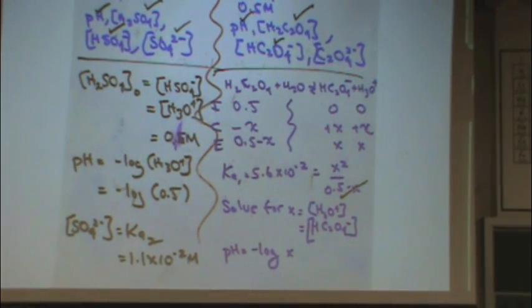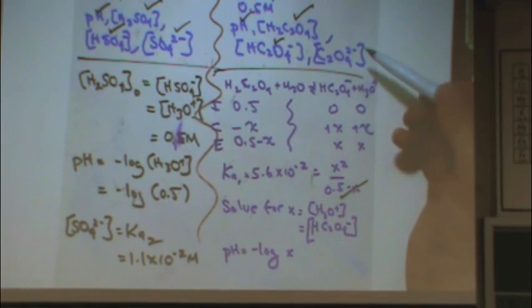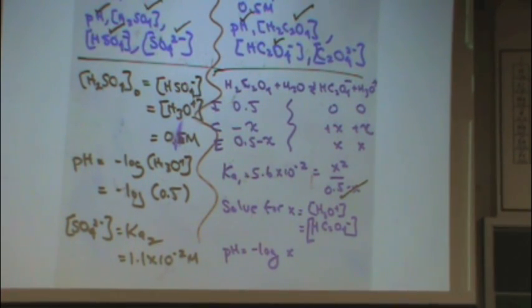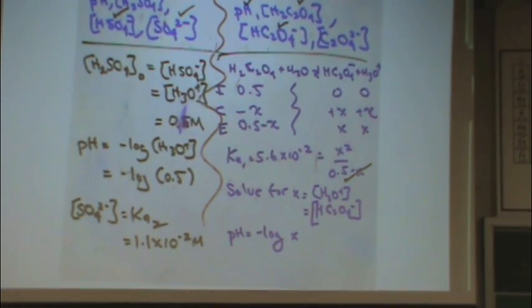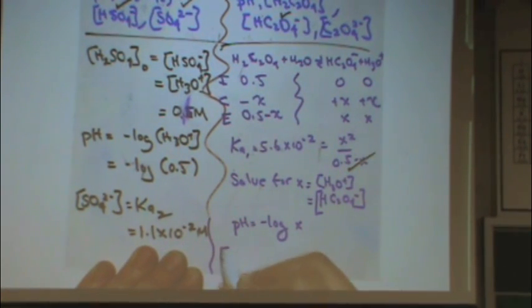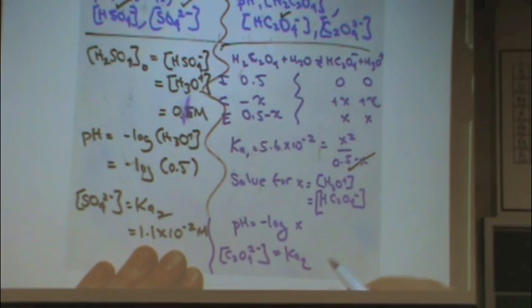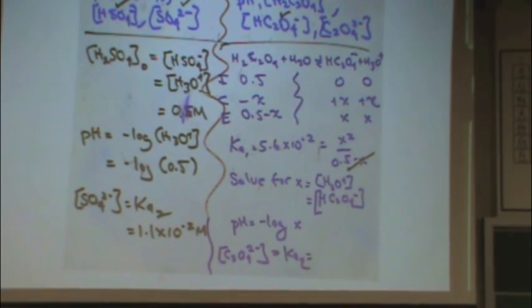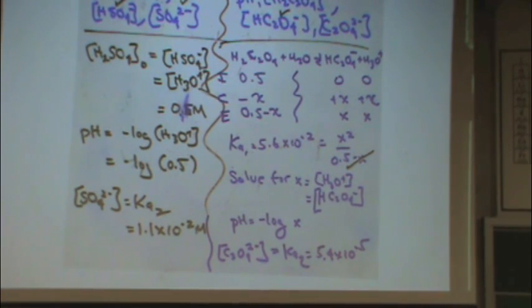So I'll also have pH, check. The only thing I don't have yet is the C2O4 2 minus concentration. That will be identical to what I did over here at the bottom. The C2O4, because it has just lost 2 protons, no math is necessary, it's just Ka2. And that, in this case, is 5.4 times 10 to the minus 5 molar.